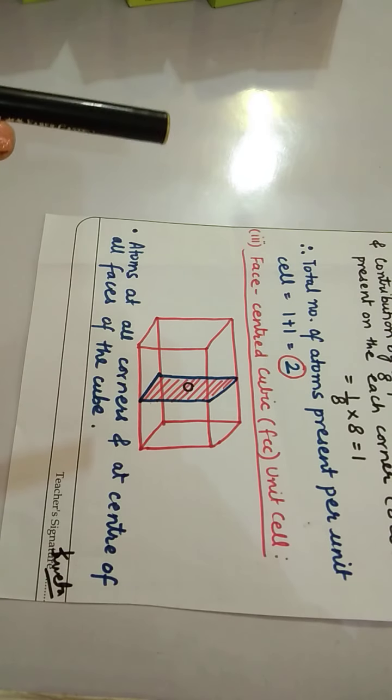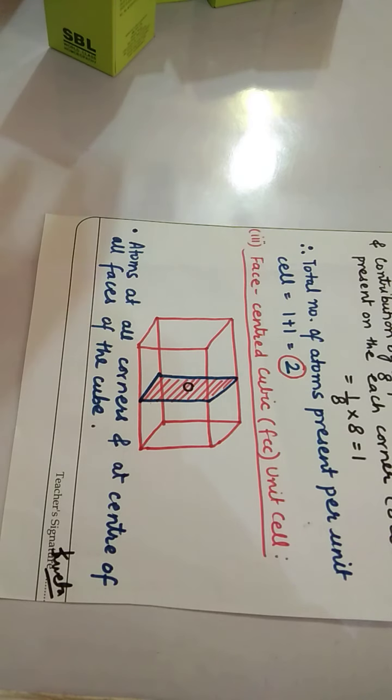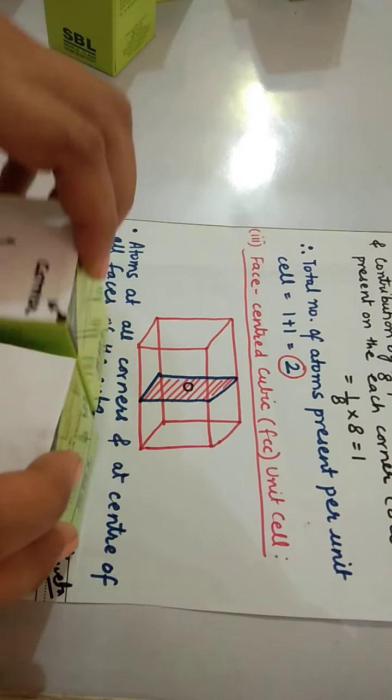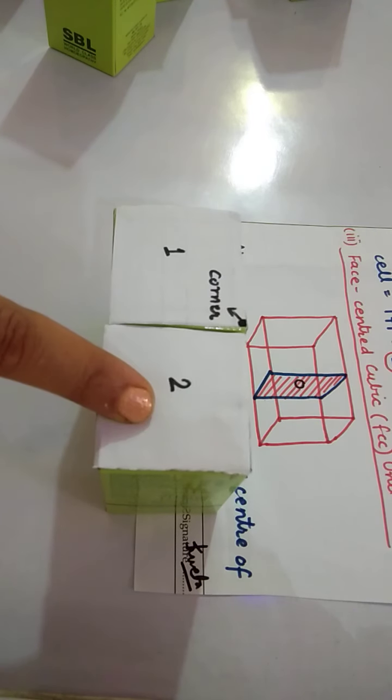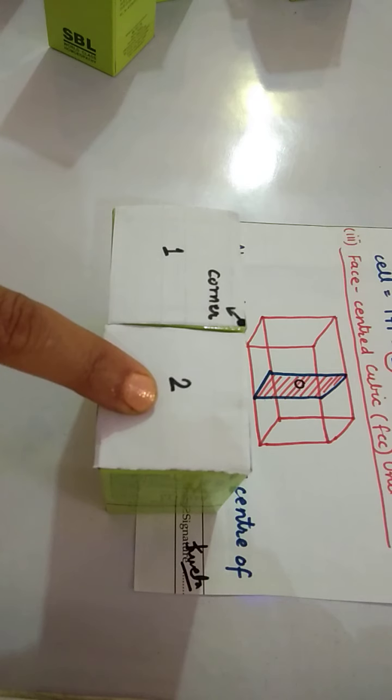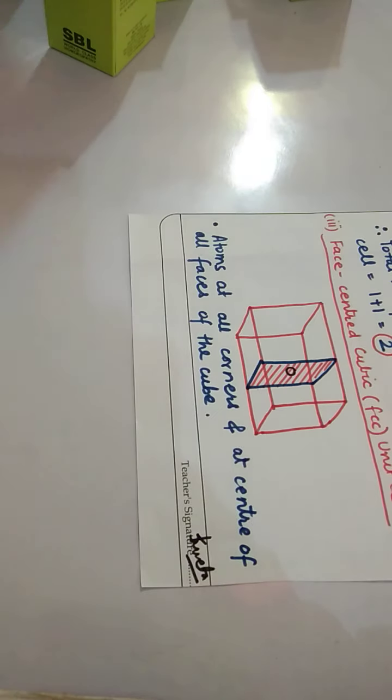Now we'll come to the face centered cubic unit cell. As you can see in the diagram, and here also I'll show you, suppose we have these two unit cells 1 and 2. This face having one atom at the center is shared between two unit cells, so its contribution will be half for this and half for this. We have a total of 6 faces, and the contribution of each is half.